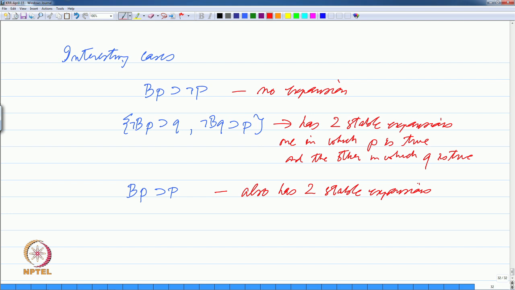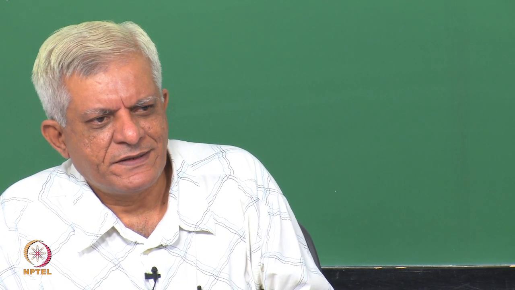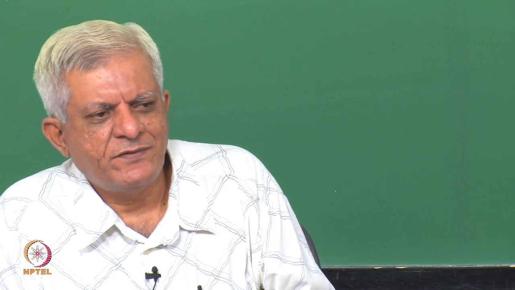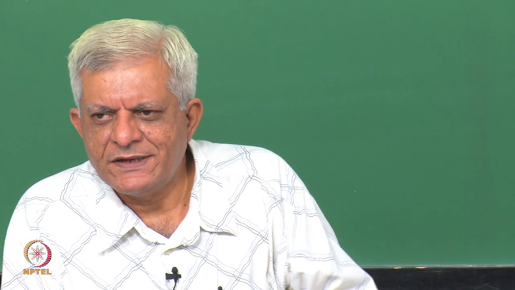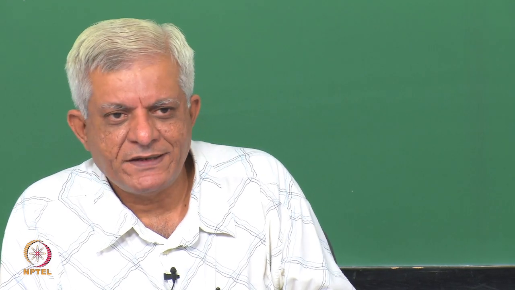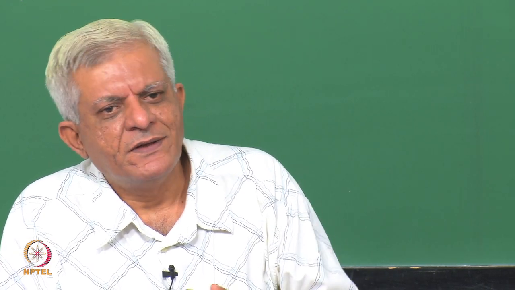There are two possible expansions, one in which belief P is true and one in which belief P is false. Both of them unfortunately are stable essentially, and this is again a little bit counterintuitive, because what are you saying here? You are saying that if you believe in P, then P is true. There is no real evidence for P to be true. Nobody has said that P is true, it is not part of the knowledge base or any such thing.